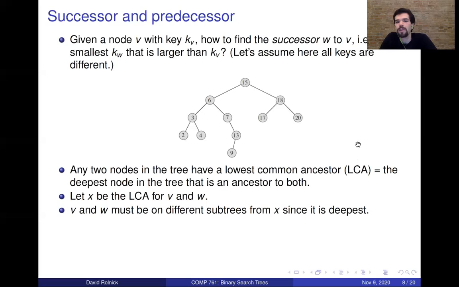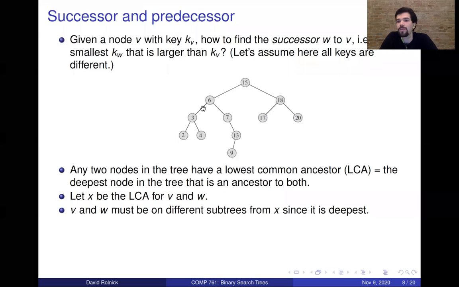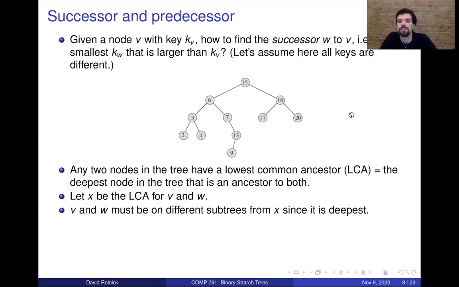So V and W must be on different subtrees from X, since it's the lowest common ancestor. The lowest common ancestor will always have the two things on different subtrees, because if they were on the same subtree, then you could just go down there. Is V on the left or the right subtree of X?